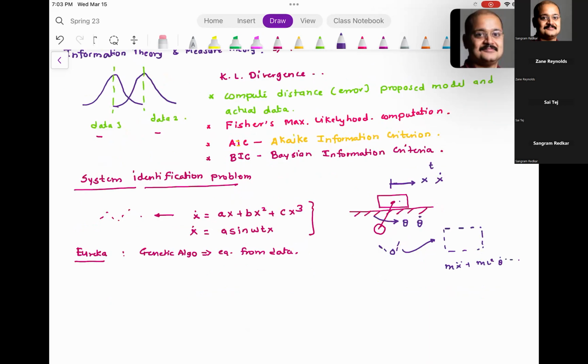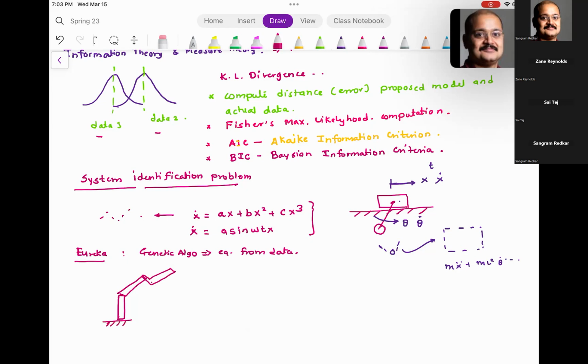So a classic implication is, imagine that you have a robot and you want to model this robot, or you want to design this robot based on some biological phenomenon.